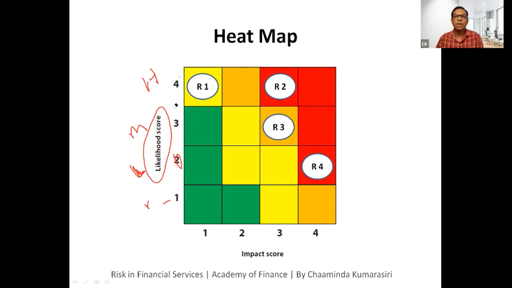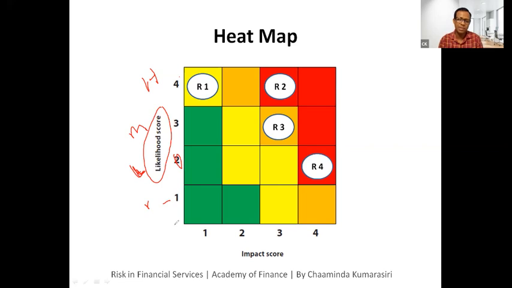You are here. And then you identify the impact, that is the financial loss, if it materializes. You look at a situation where the cashier gives more money to the customer than required. What could be the loss if that happens? The maximum that can happen is the person gives all the money the person has.